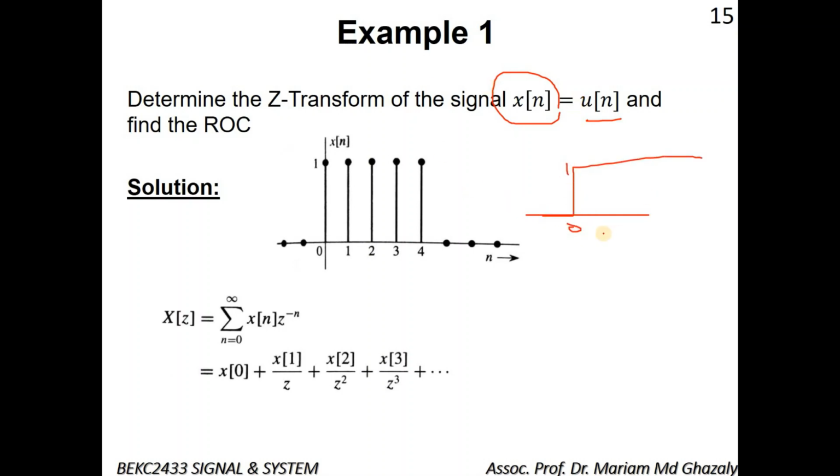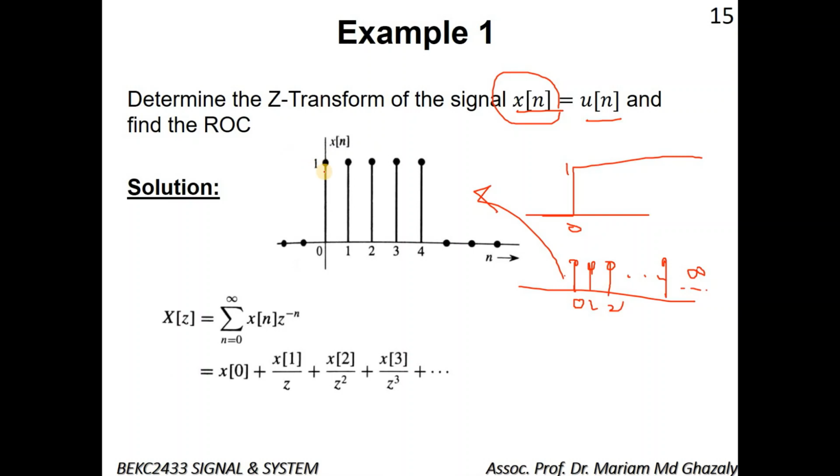But the Z transform is a representation of a discrete time signal, so you are not going to use this signal, but instead use it in terms of discrete time like this. It will start from 0, 1, 2 until infinity. That is the reason your x[n] here will be represented as this signal.